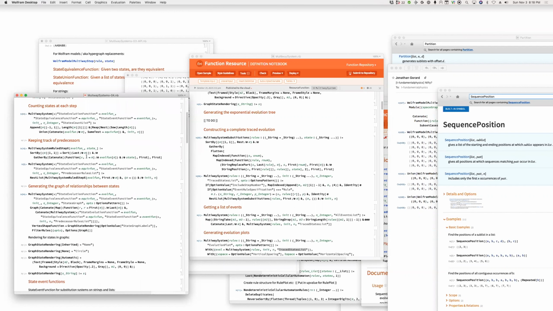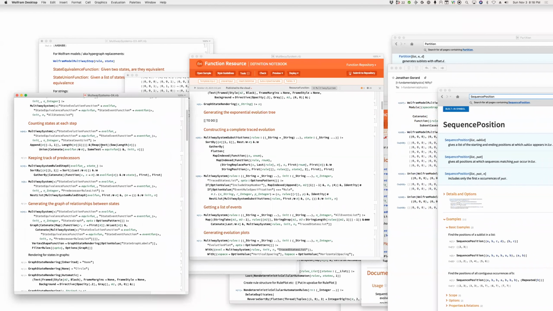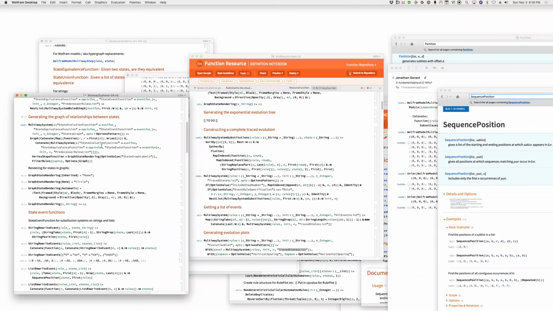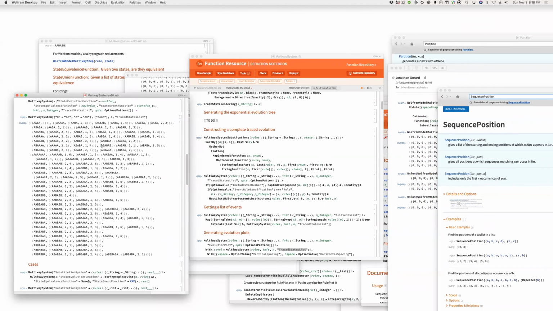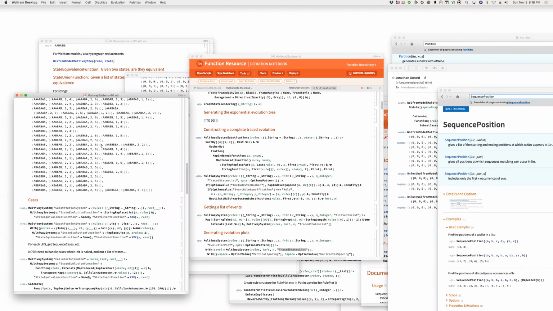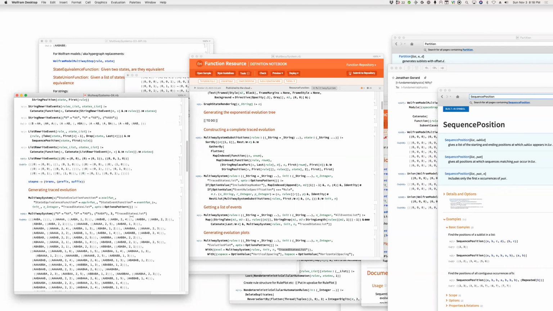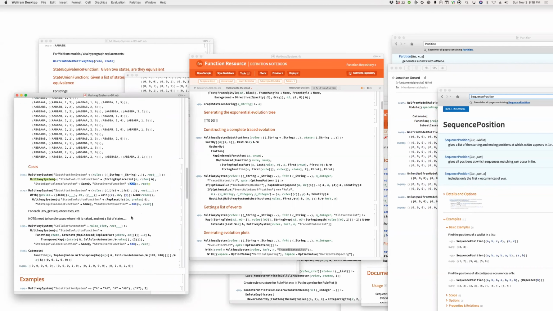Okay, but the state event functions are being inserted. Where the heck are they being inserted? Where are they? Oh, in this cases thing down here. So the state event function for this is string rewrite events.